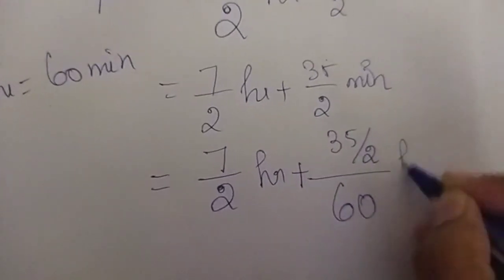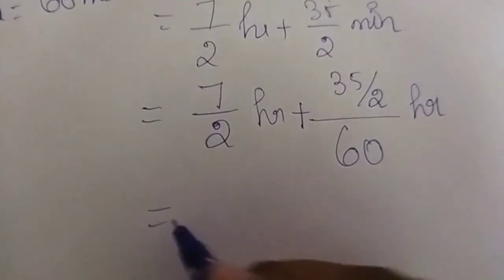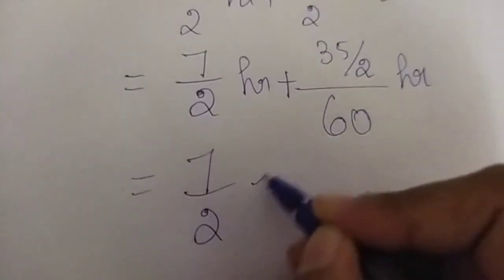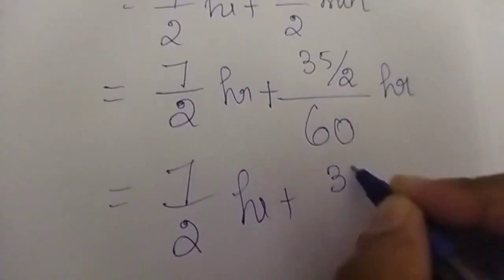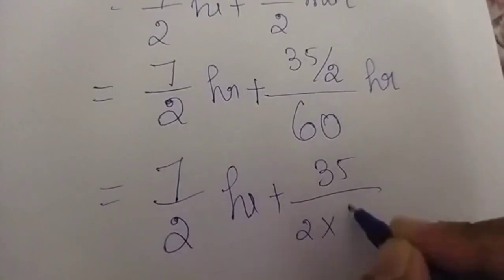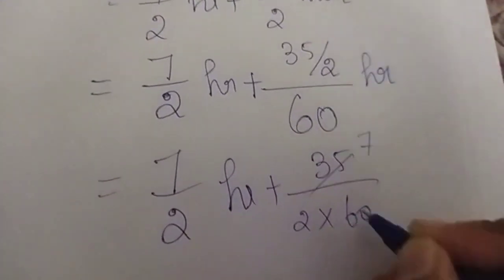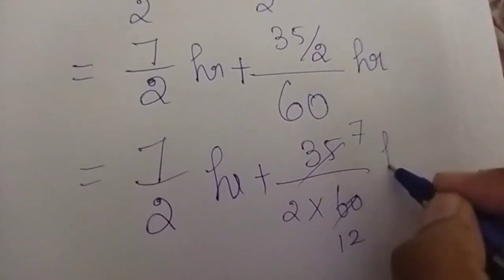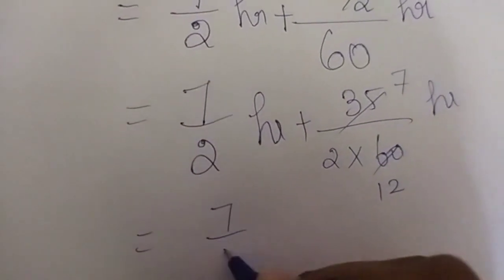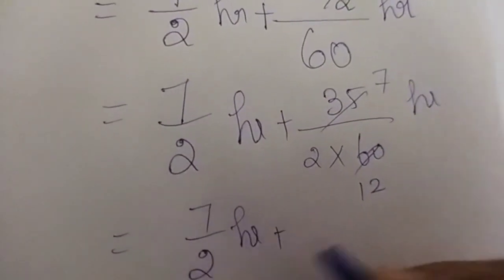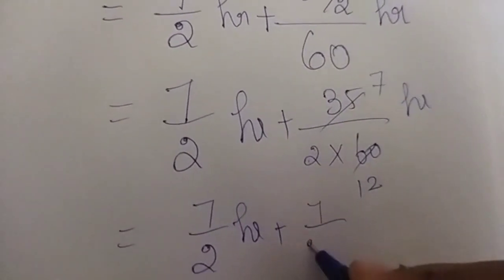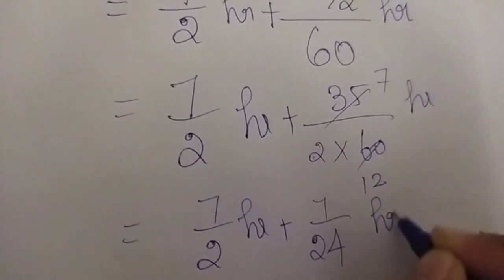Now it has become hours. 7/2 hour plus 35/2 into 60. 7 times, this is 12 times. So we get 7/2 hour plus 7/2 into 12, 2 12s are 24, 7/24 hour.